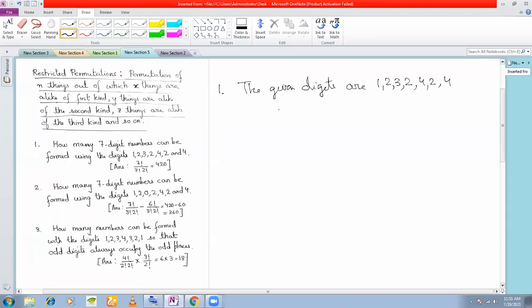How many digits are there? 7 digits, and you have to form 7-digit numbers with these digits. So 7 places are available to arrange these digits. So what is the number of 7-digit numbers that can be formed?